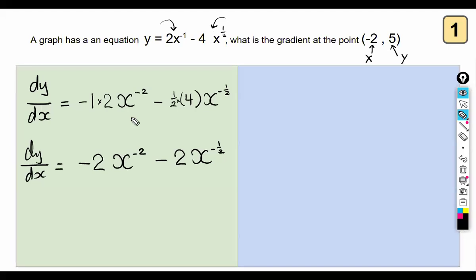Some people know how to use the calculators properly. Some people have a little problem with it. So if you don't like this negative 2 power and this minus a half power, we could just throw it underneath and the powers will become what? Positive.